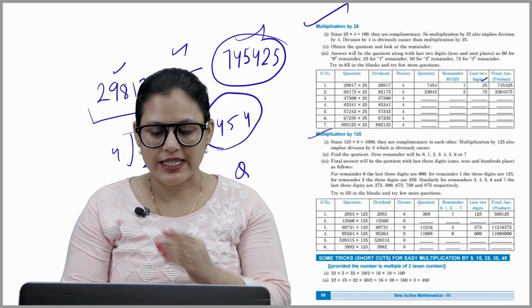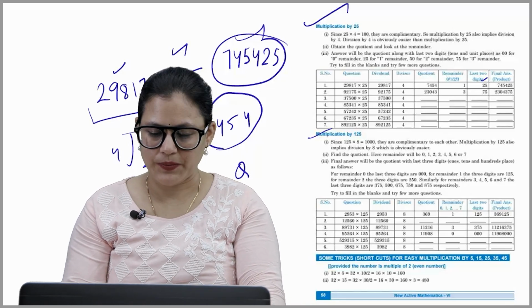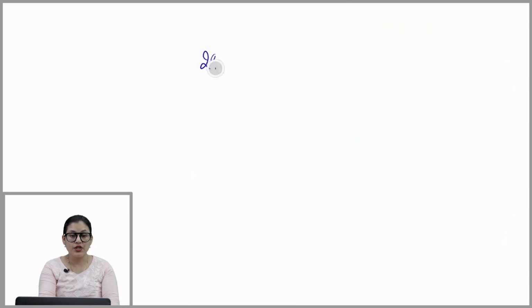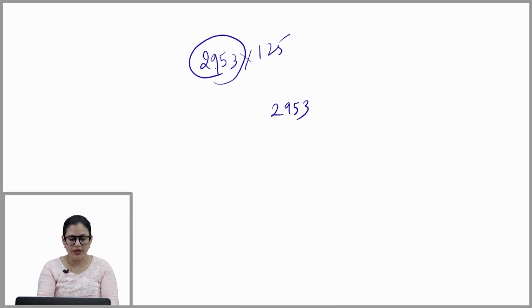Okay. Let's try to fill in the blanks. So we have this question, 2953 into 125. Okay, so this is the dividend, which means we will divide this number by what? 8. Okay, 8 threes are 24. 5, then 5.